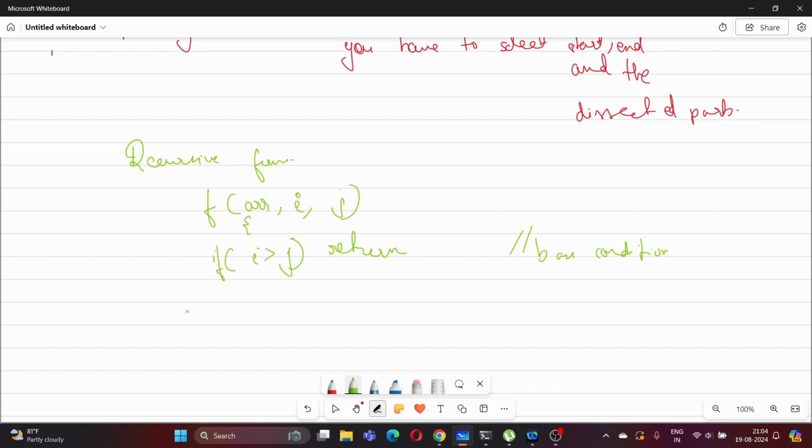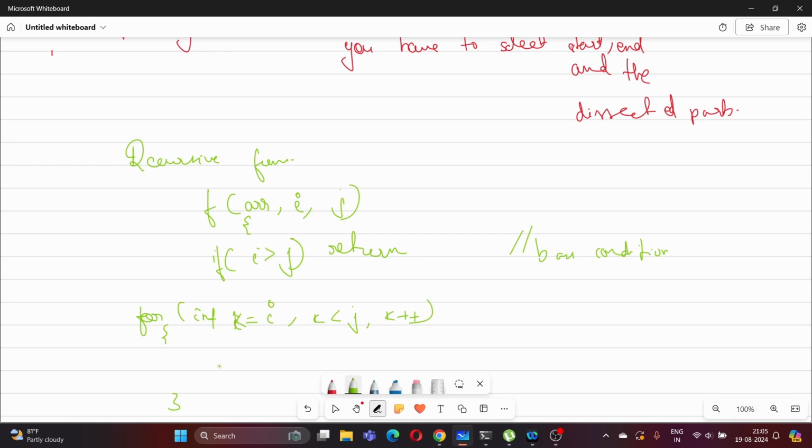Then, according to the question, whatever variables there would be, for int k equal to I, k less than j, k plus plus. And inside this, what will you be having?